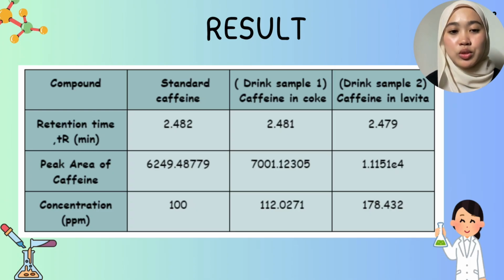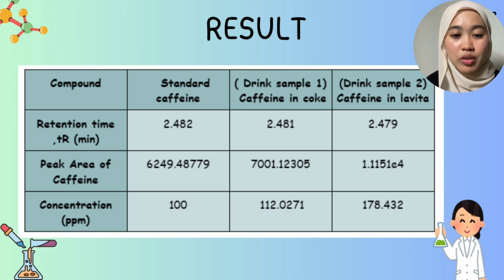So now we want to talk about results and discussions. These are the results that we found for standard caffeine, caffeine in Coke, and caffeine in Lavita. The retention time for standard caffeine is 2.482, caffeine in Coke 2.481, and caffeine in Lavita is 2.479.